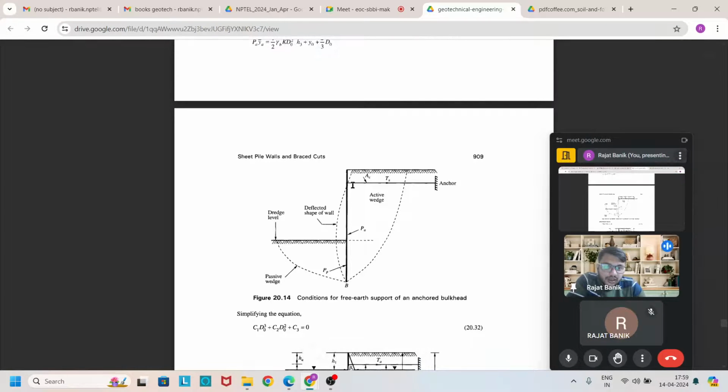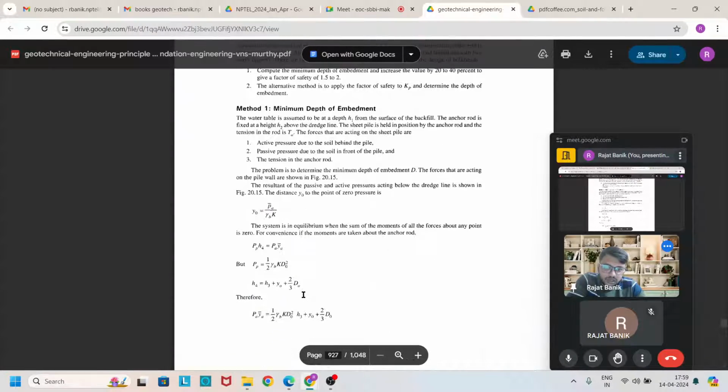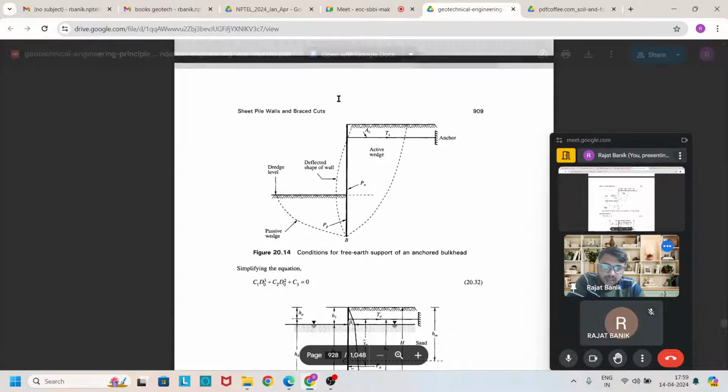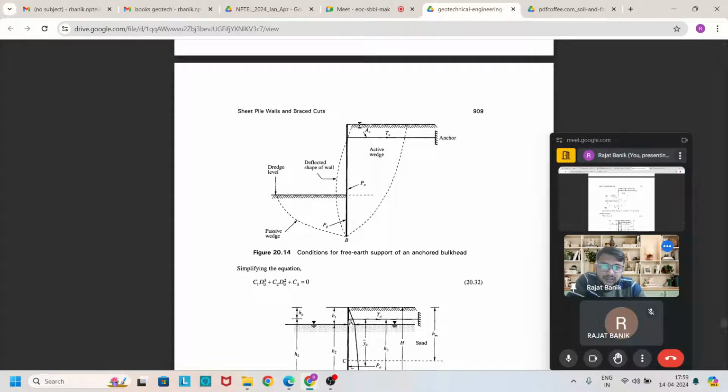In this anchorage, a tension force will act, which helps to create stability against rotation of this sheet pile. These are the equations to find out these forces. You see that this is the dredge level, and this is the deflected shape.